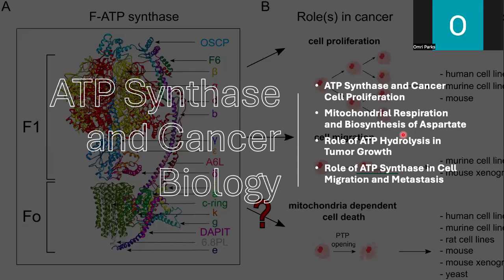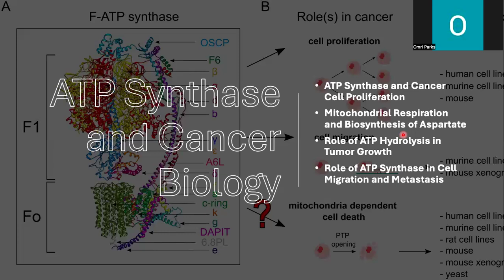In osteosarcoma cells, 143B cells specifically, oligomycin-induced inhibition of ATP synthesis blocked proliferation, and the effect can be reversed by FCCP, which suggests that the uncoupling of the electron transport chain from ATP synthesis might still support proliferation in certain contexts. But full OXPHOS activity may be essential in tumors lacking efficient uncoupling mechanisms.